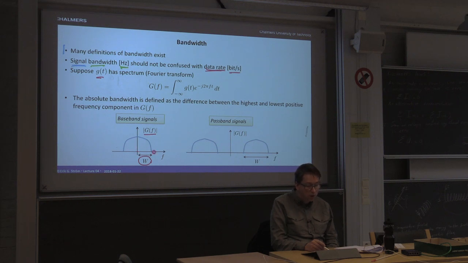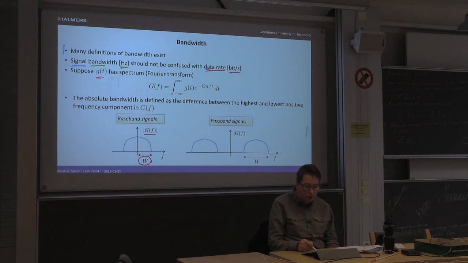Sometimes you see books where bandwidth is maybe from here to here, so it's more like the double-sided bandwidth. But we will talk about the single-sided bandwidth like this, because then everything works with our equations. If you look in another book and you see other equations, and they don't match what we talk about today, it could mean two things: either that I made an error, or that the bandwidth has another definition in that book. I don't know which one is most likely, but either of the two is a possibility.